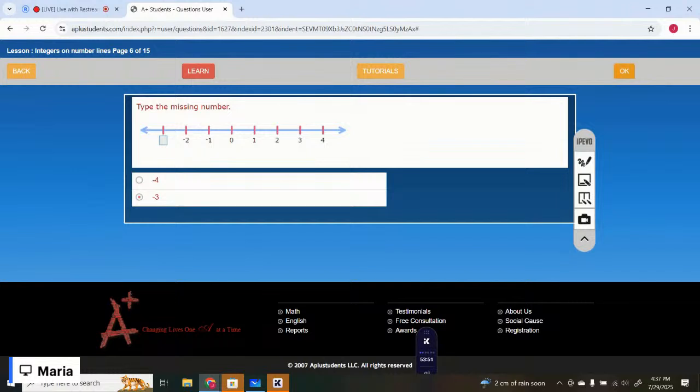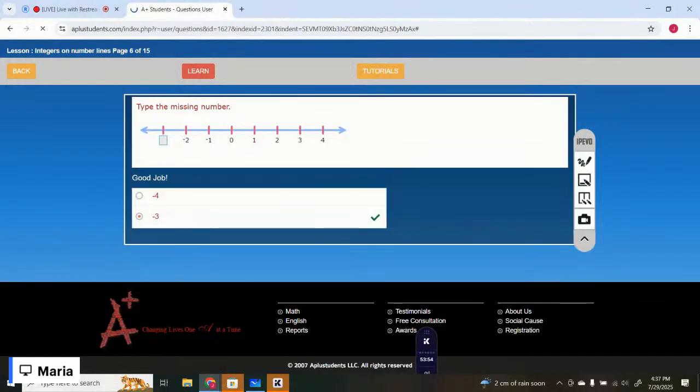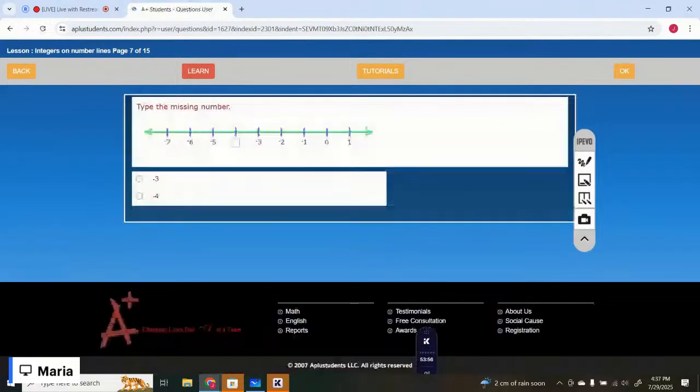Option number 2 is the correct option. Type the missing number. That is -4.